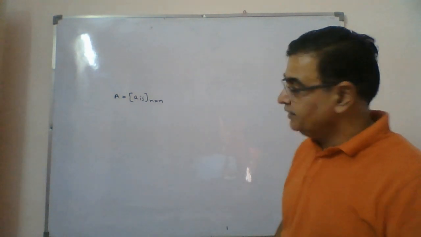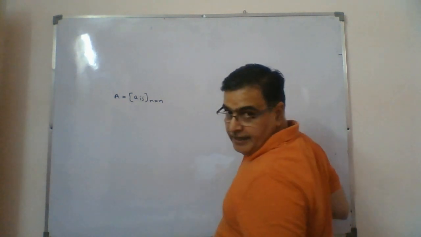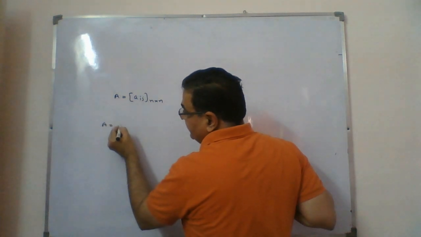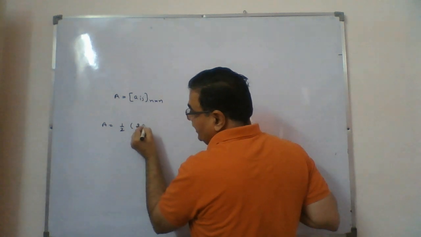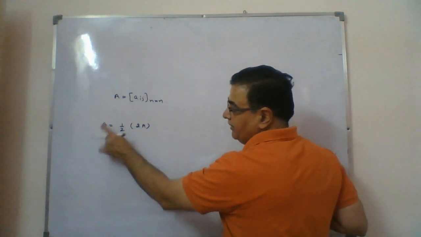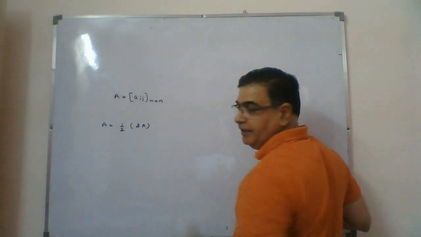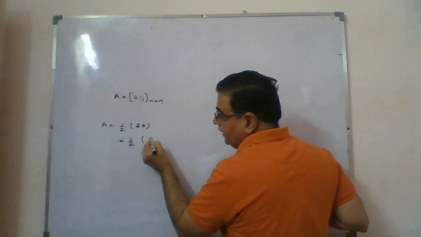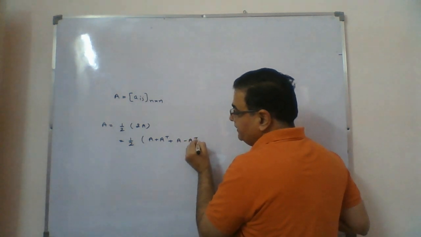Now I'll prove it. A is given as A ij, order is n into n. This is a square matrix. So we start with this. A is half of 2A, I can write. Nothing wrong. A matrix we have started, a square matrix, can be written as half of 2A. Then I can write this as half of A plus A transpose plus A minus A transpose.